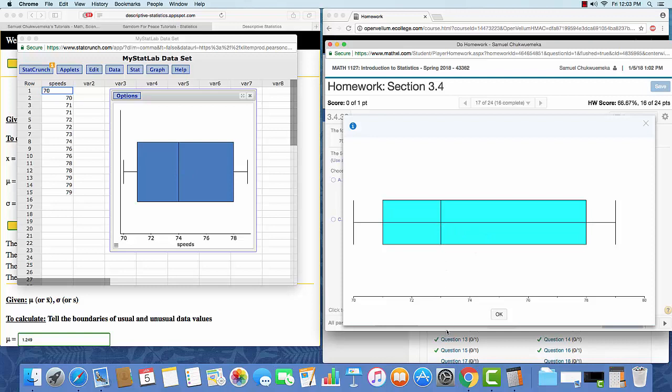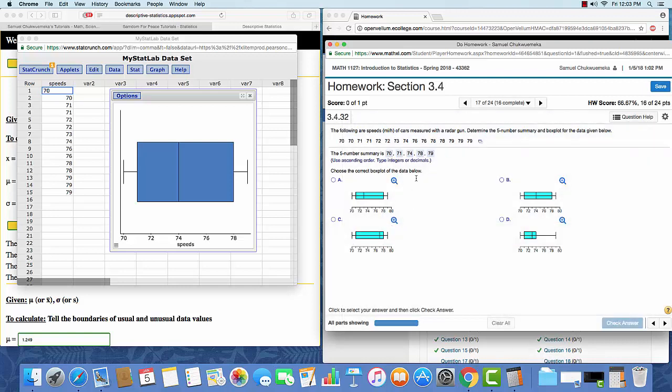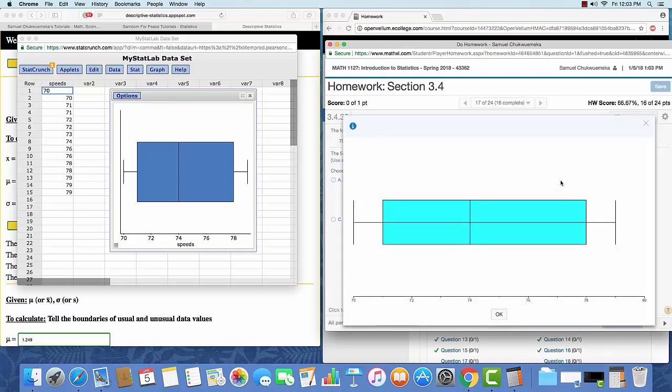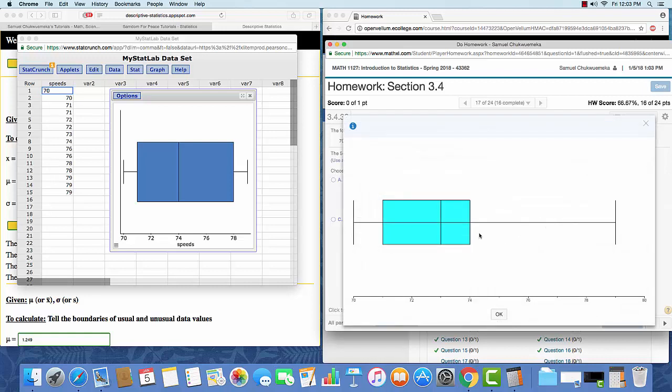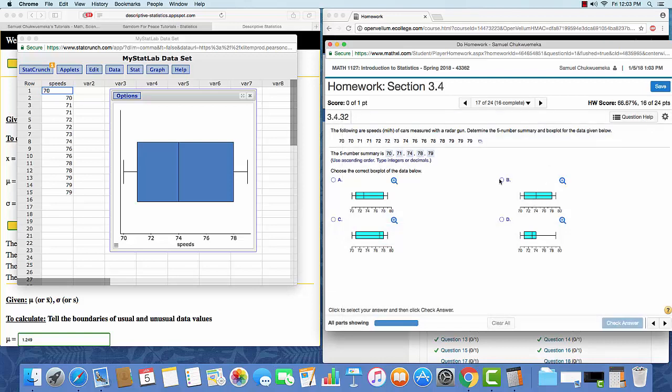And that eliminates A, because this here is 73. So A and C, gone. And let's look at B and D. Okay, B is okay. D, the median is 74. Yeah, D is gone. So that leaves us with only B.